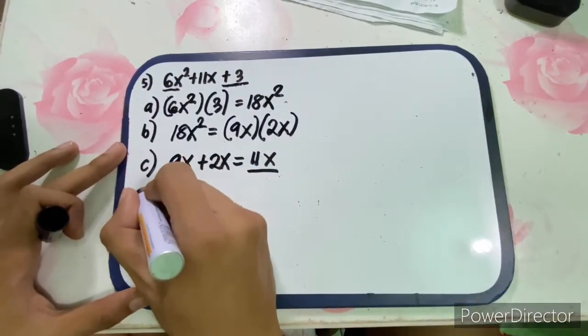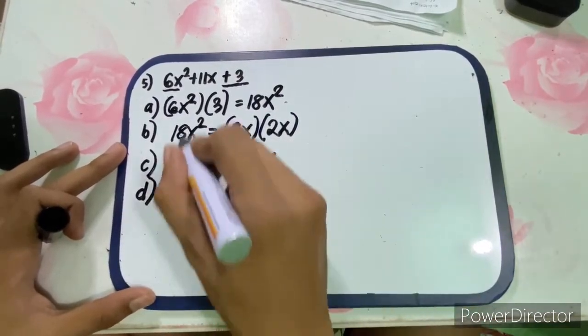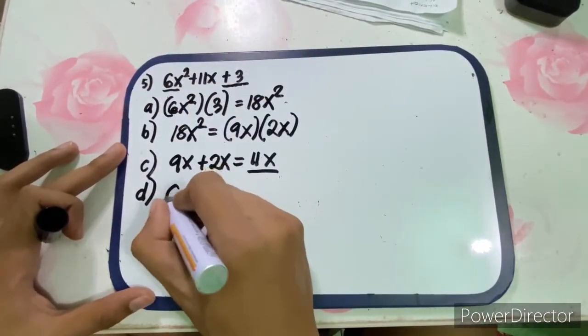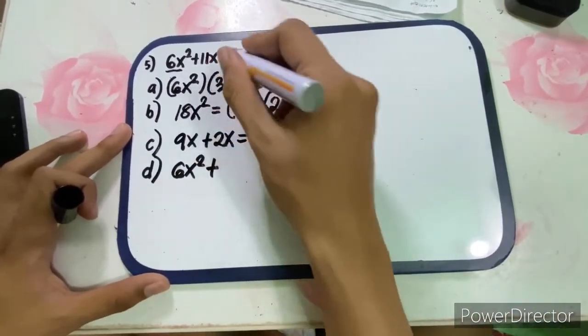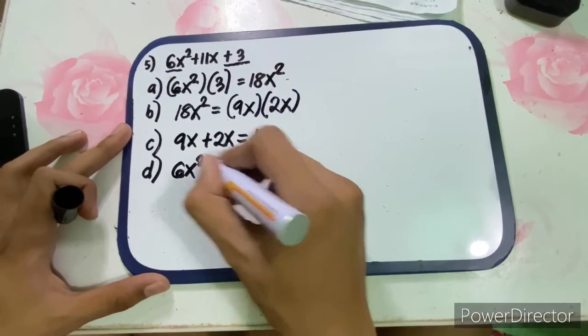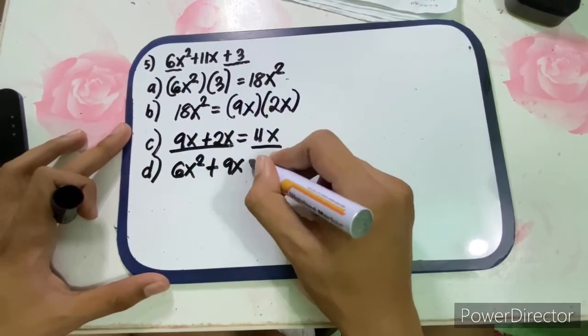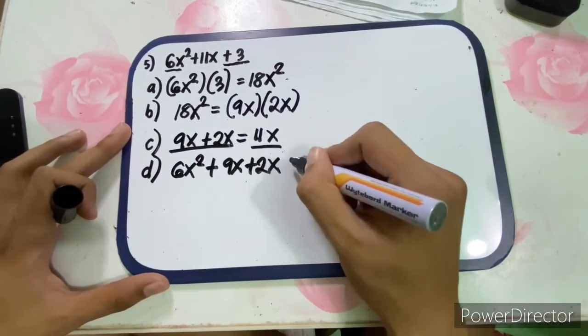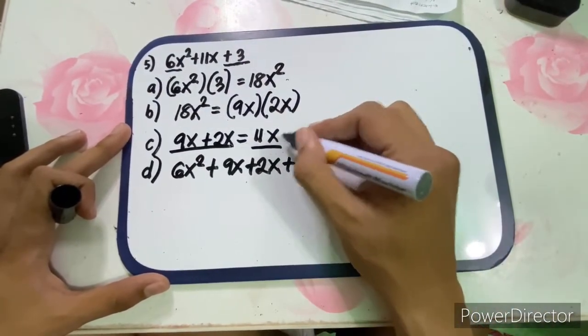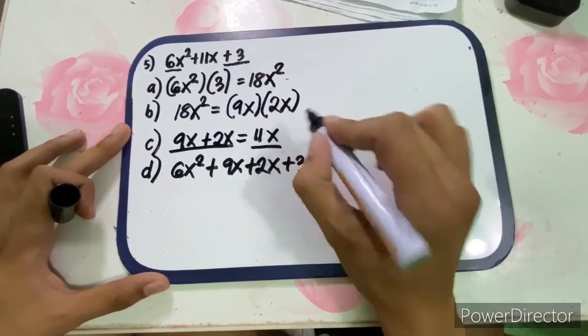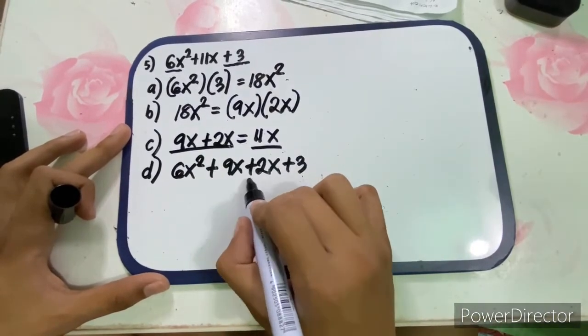For your letter D, we will rewrite this one. It will become 6x squared plus 11x will be substituted by 9x plus 2x, plus 3. So 11x is gone but substituted by 9x plus 2x.